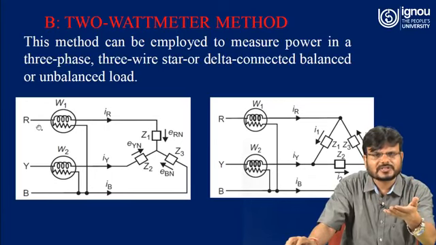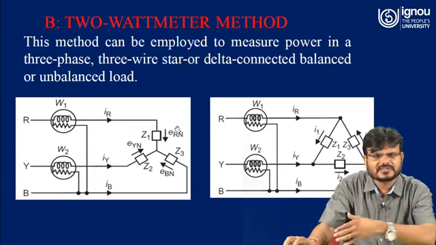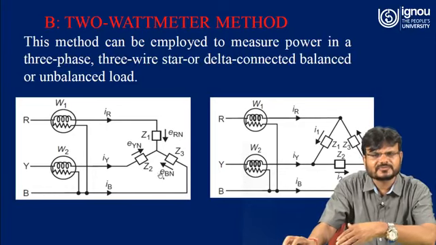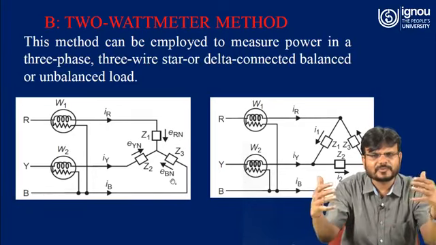And what is the voltage between this R phase and B phase? Here you can see one voltage is ERN and another voltage is EBN, which are opposing each other.